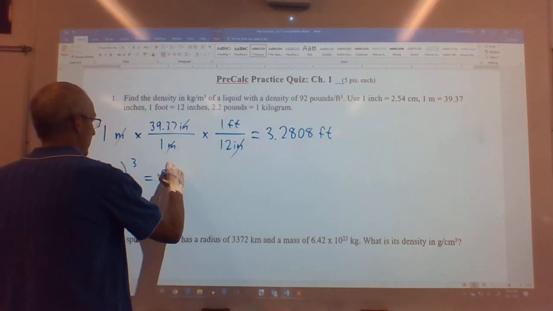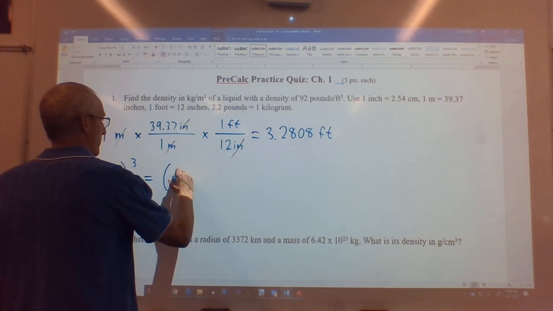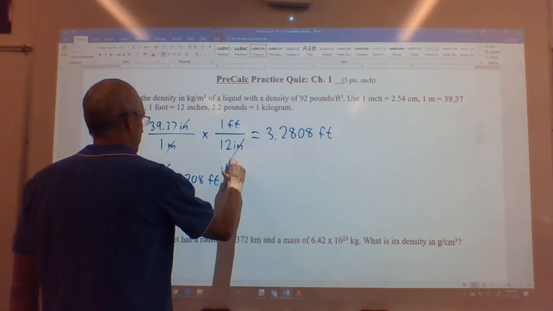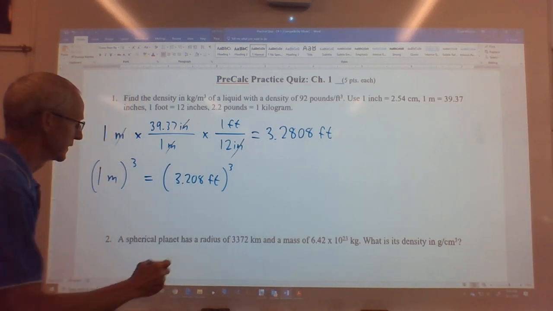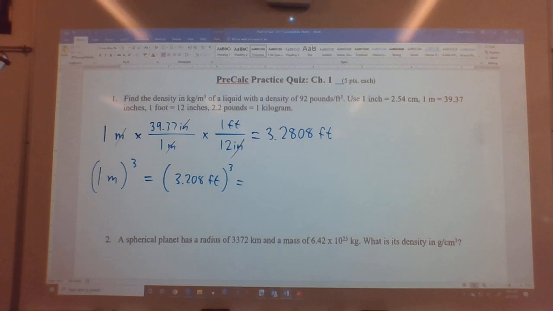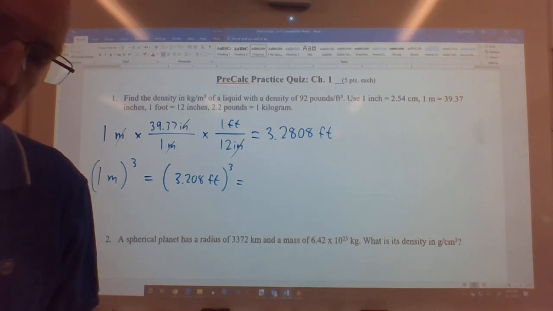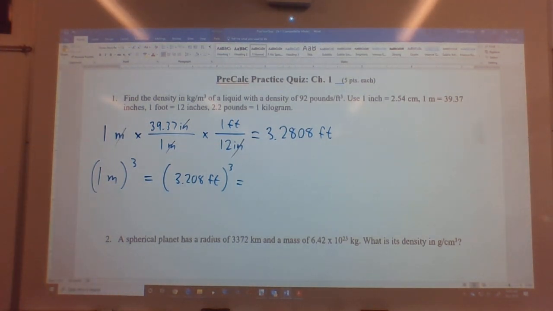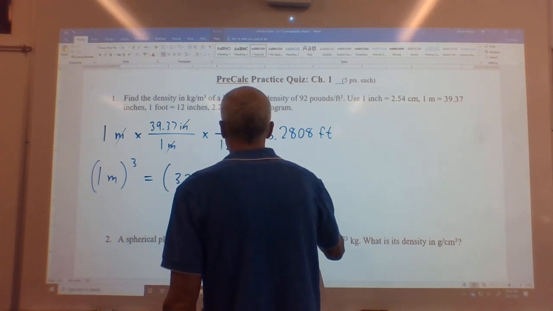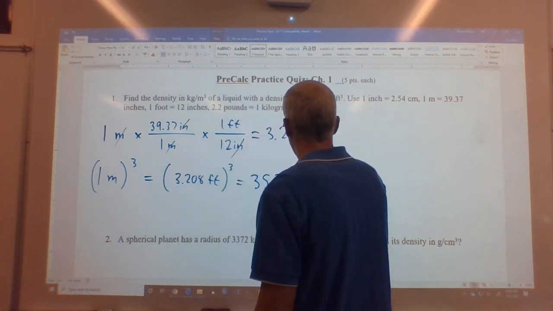That's the same thing as 3.2808 feet cubed. So we got to raise 3.2808 to the 3rd power. I'll do that here. And I get about 35.3. I'm going to round it. It's 35.31. I'm just going to keep 35.3. So about 35.3 feet cubed.